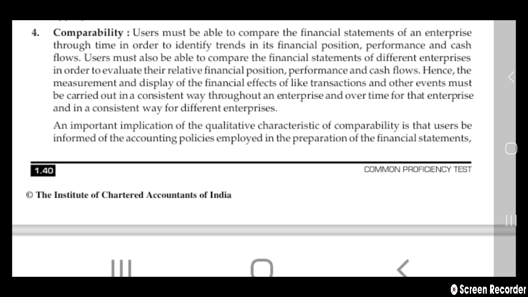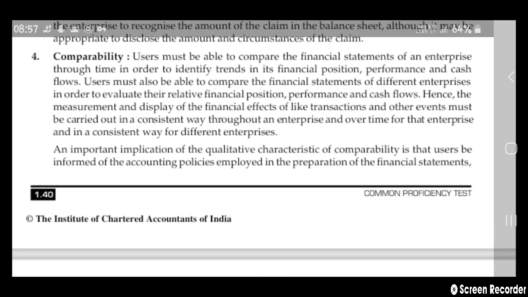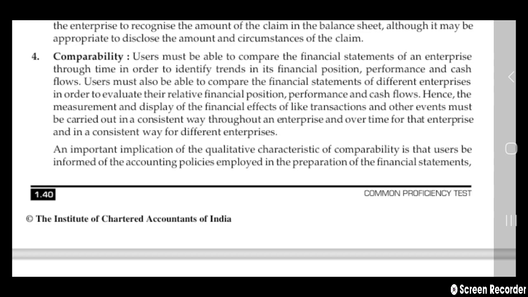To know this, comparability is important. Users, or the managers who use them, must be able to compare the financial statements of different enterprises to understand their relative financial position, performance and cash flow.